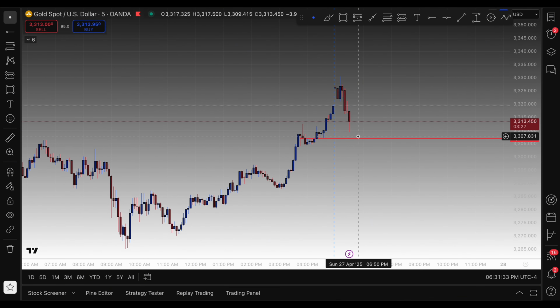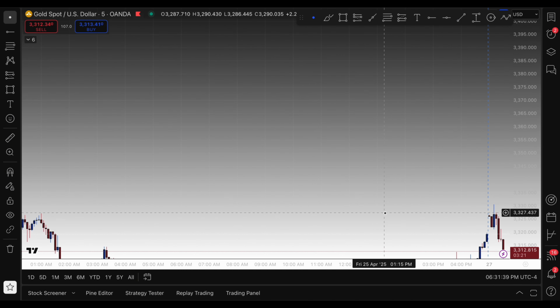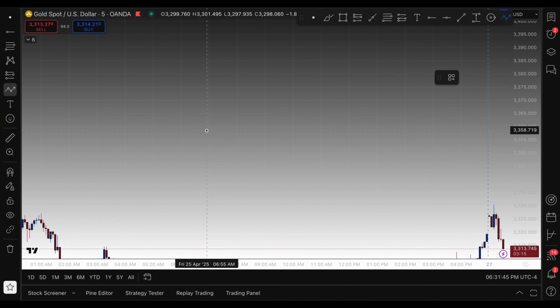Okay, with that being said, let's move up here a little bit, and I'll show you how to determine where liquidity lies. So up here we have an uptrend.